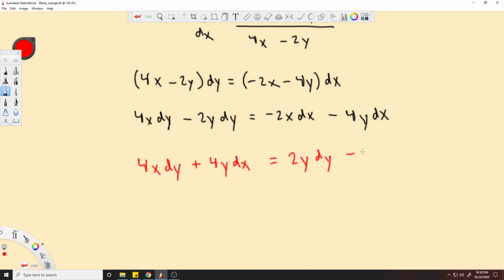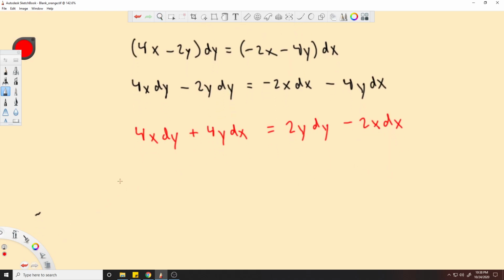Sorry. It's 2x dx. I'll factor out the 4. Actually, I'll just leave it as is. It doesn't really make that big a difference.